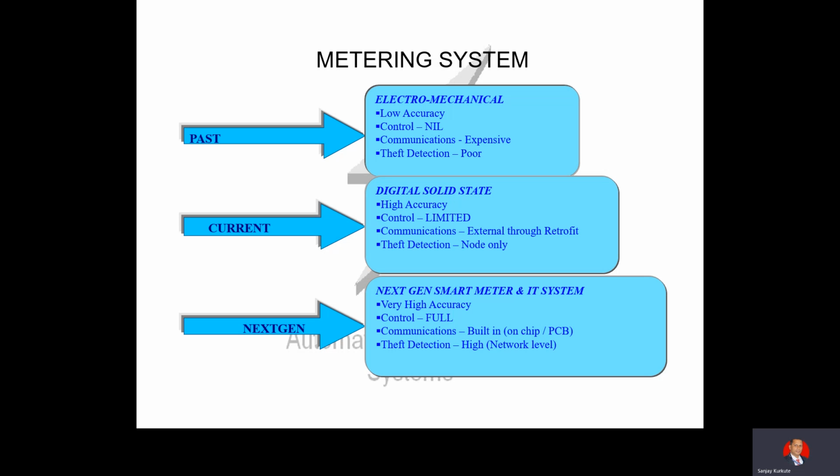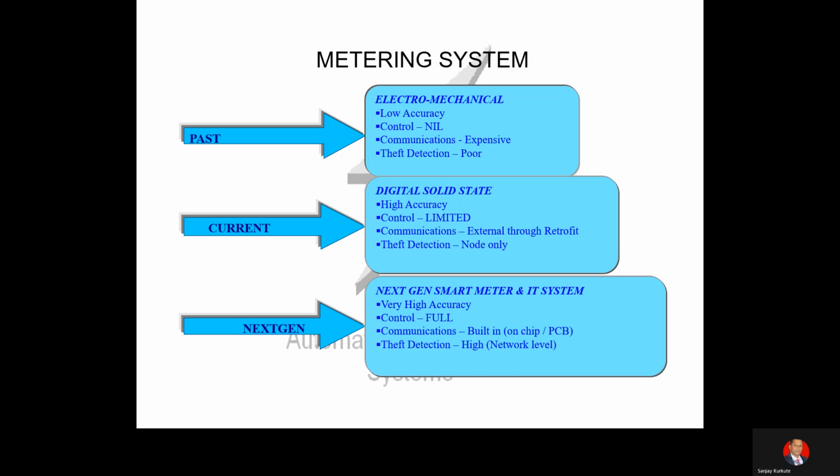Now in the next generation, smart meters and IT systems are going to come, with very high accuracy, full control, on-chip communication, and high theft detection at network level. So this is one of the very important embedded system design applications or case studies which we are discussing today.